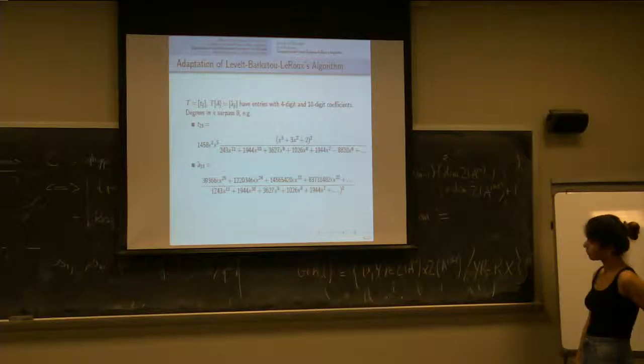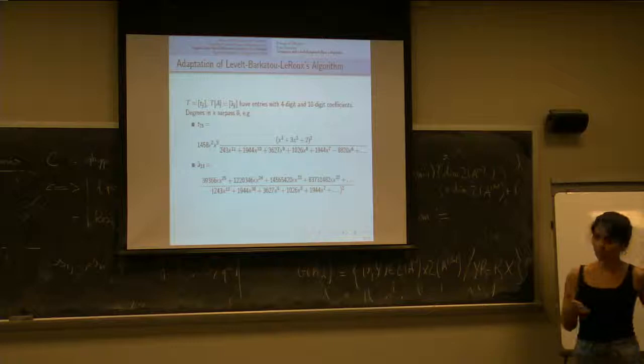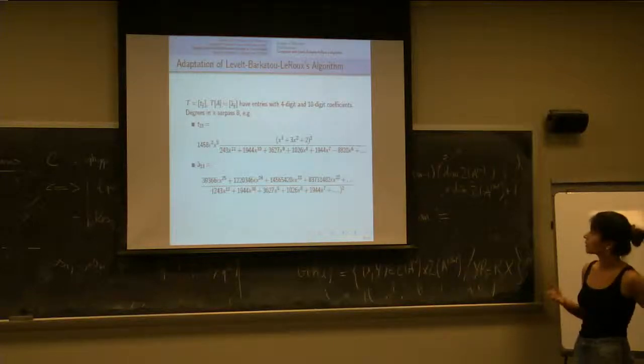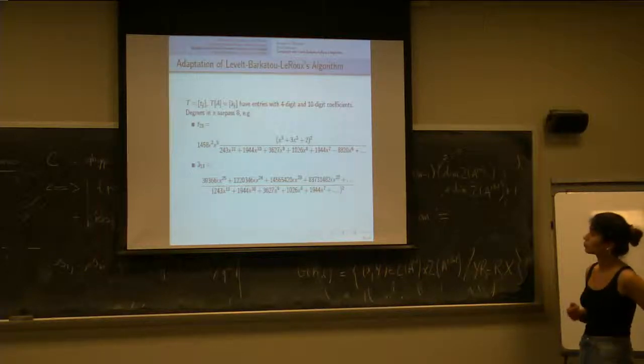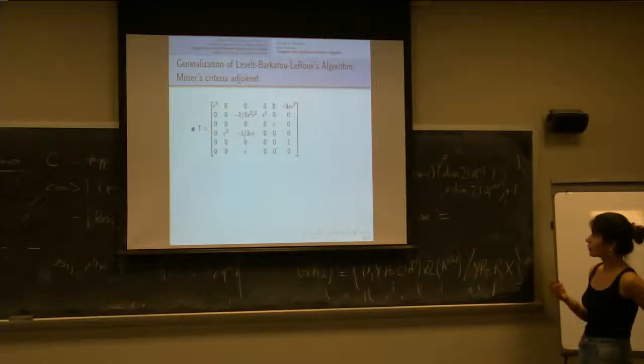One of the criteria we considered is that the reduction criterion in Levelt's algorithm is not strong, and so the algorithm might keep running and running, although there is no need to perform more operations. So we adjoined Moser's criterion, which is the polynomial theta, to this algorithm.